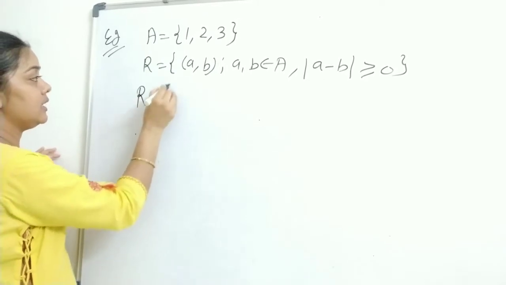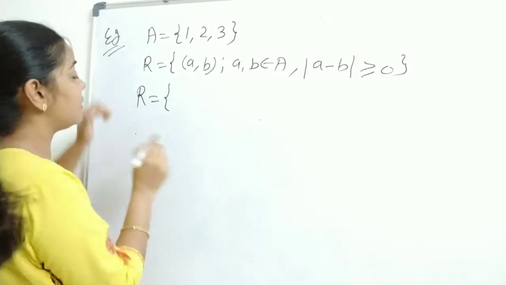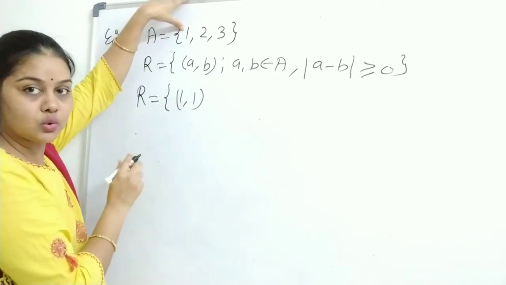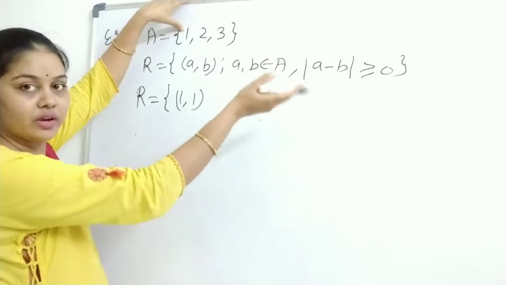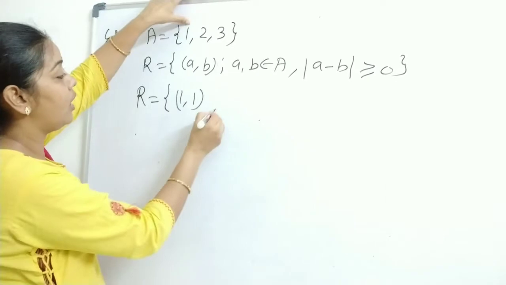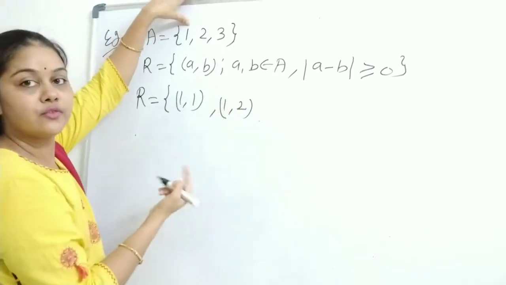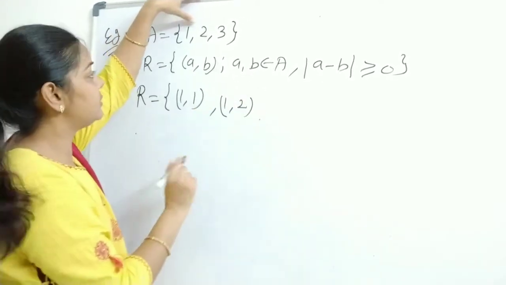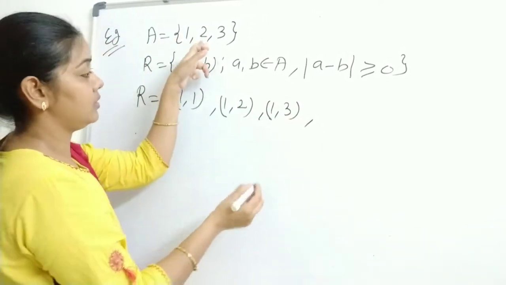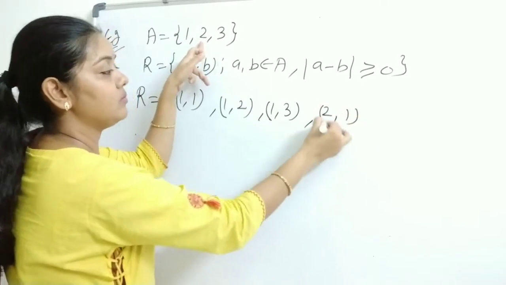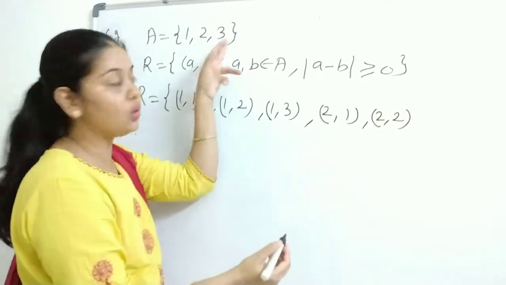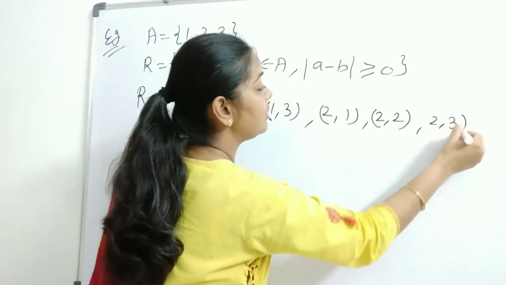Now look at this relation, what elements will I have? (1,1), because 1 minus 1 is 0. We take all the elements a, b such that the difference is 0. (1,2), difference is 1, we are taking mod here. (1,3). Now (2,1), difference is 1. (2,2), difference is 0. (2,3), difference is 1.